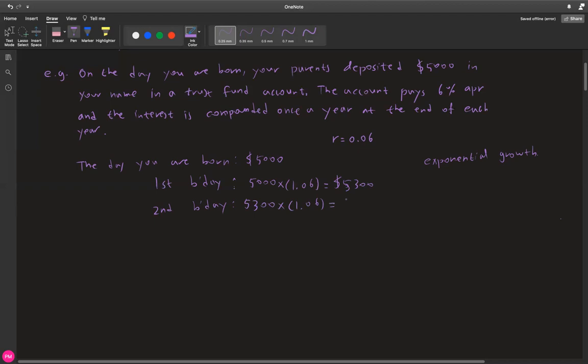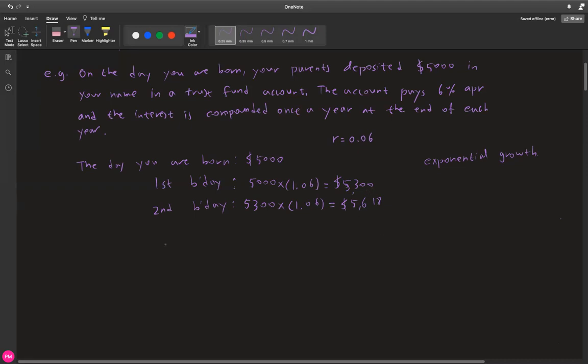And that should get you $5,618, which is actually a little more than $5,600. So this $18 actually came from the interest of the interest.